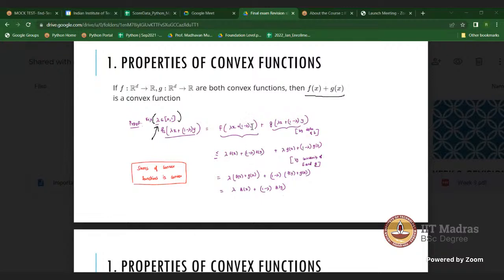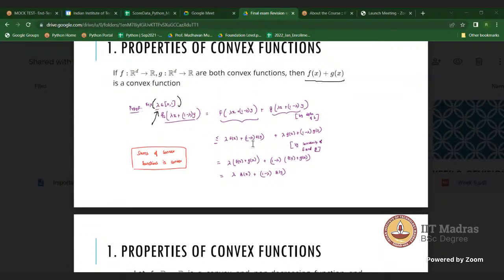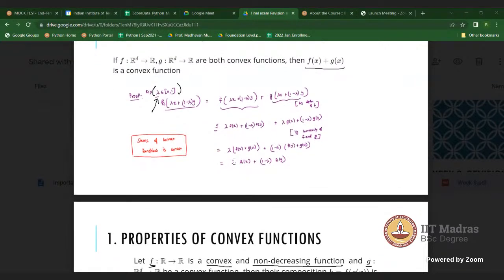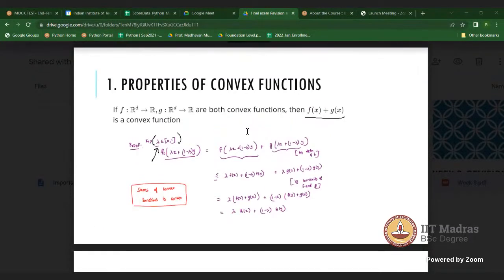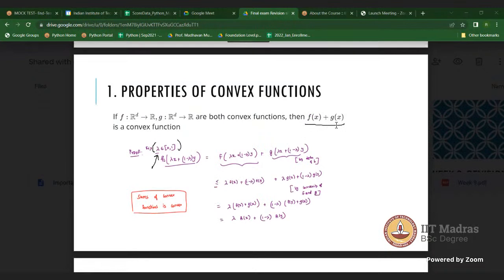Similarly, for g of lambda x plus 1 minus lambda into y, we can write it the same way. Since this is less than or equal to this one and this is less than or equal to this one, the addition of these will be less than or equal to this value. Which basically means we can rewrite it as lambda into f of x plus g of x, which is nothing but h of x, where we assume that h of x equals f of x plus g of x.